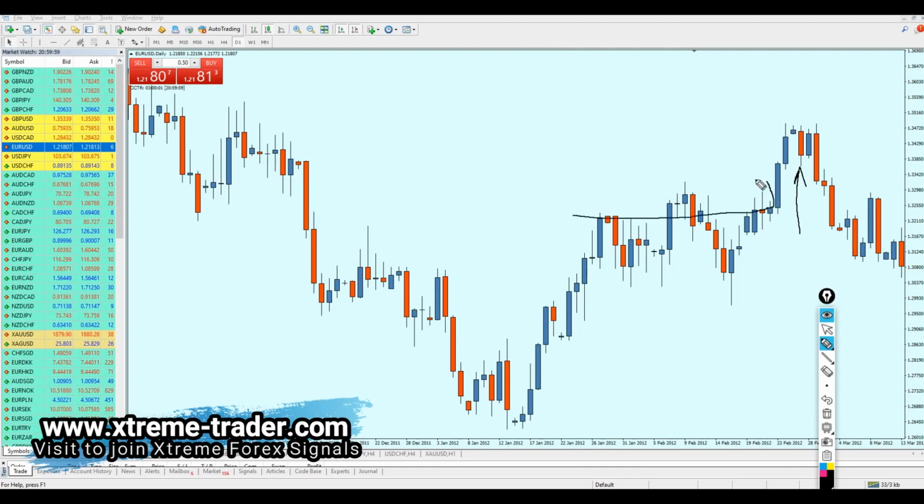We have right here the broken resistance, and we have the bullish breakout candle, which actually made the breakout from that resistance. Right after the appearance of this breakout candle, this price action, my favorite price action, has appeared, indicating that the market right now is ready to fall down and retest the broken resistance. Oh man, that was a good prediction.